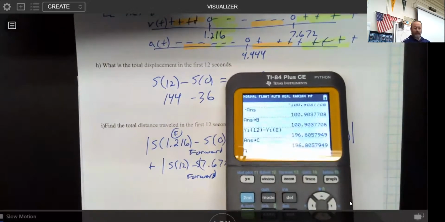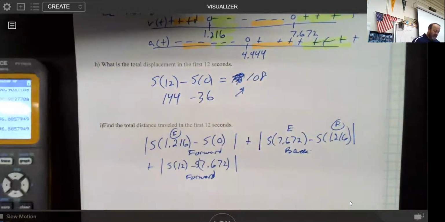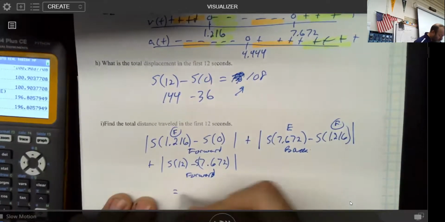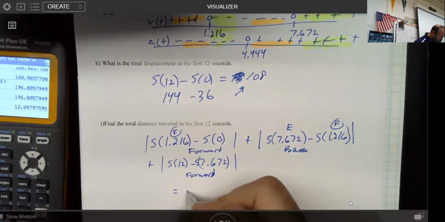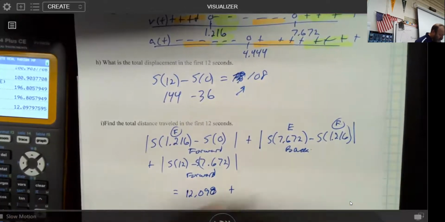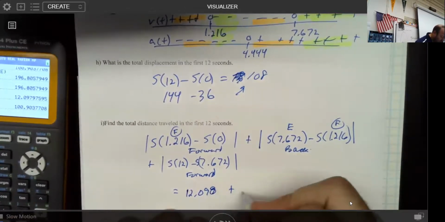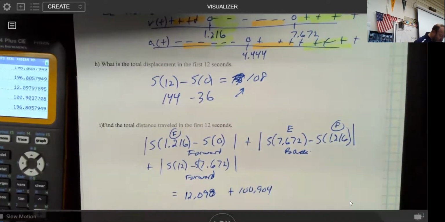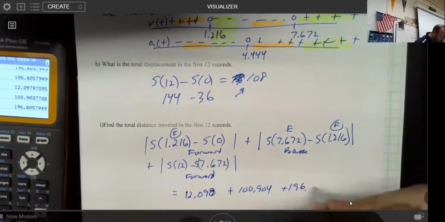Again, this is what I personally like to do. So in the long run, I know that A was 12.097, I guess 12.098. I know alpha B was 100.904 and alpha C was 196.806.